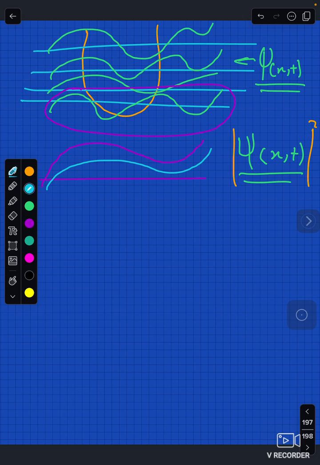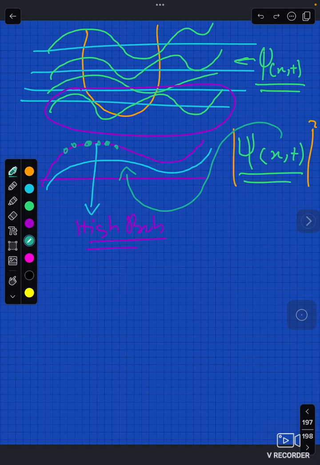okay, now this shows that finding the electron here, here and here has high probability rather than here.